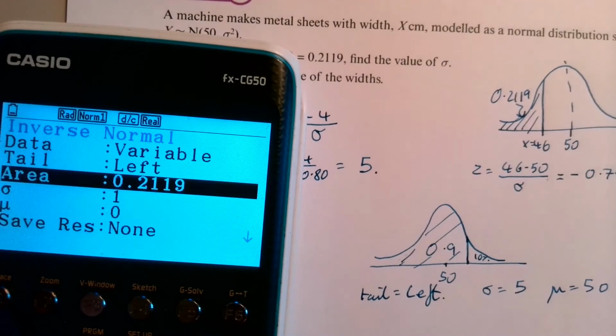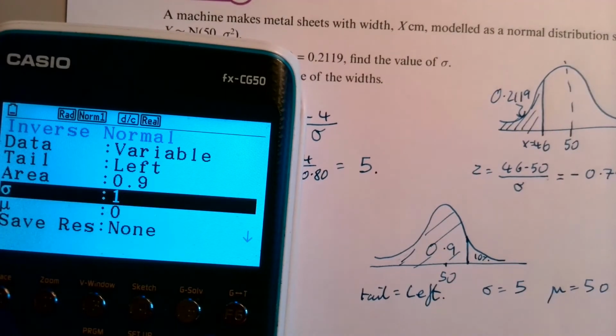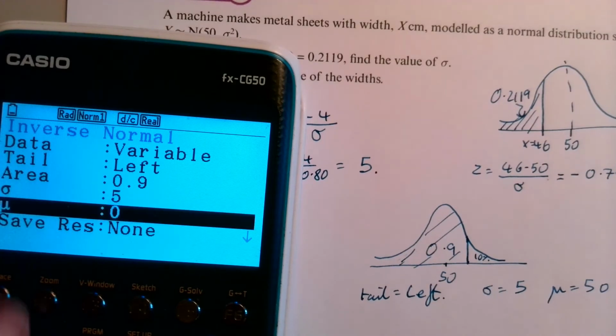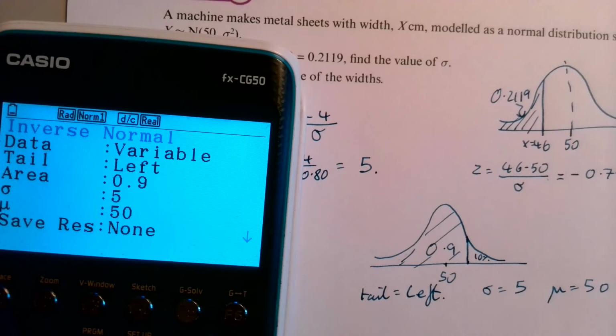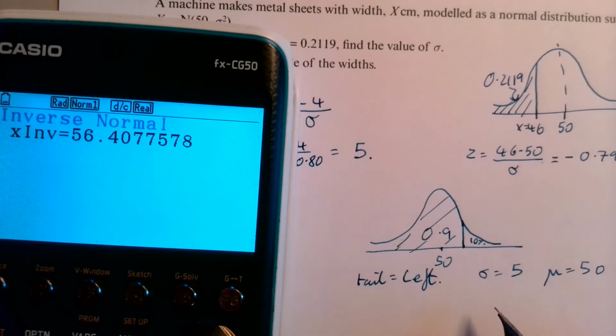Go back here, we keep it as left. We want our probability to be 0.9, so that's our area. Our standard deviation is now 5, 50 is our mean, and so that is giving us our value.